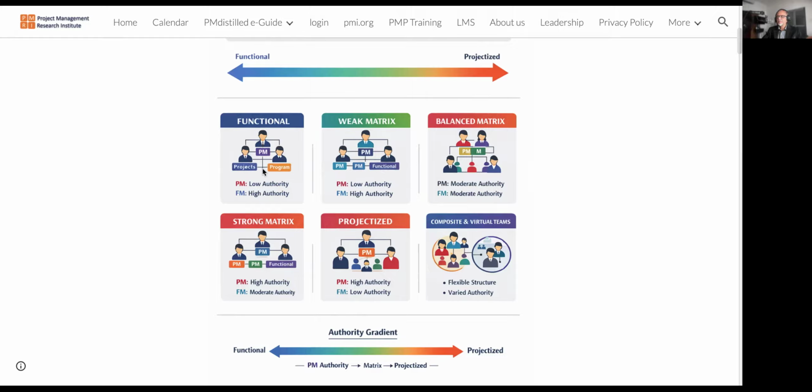So if you are working as a project manager within a functional organization, the functional manager has more authority than the project manager. Then we have matrix organizations. Whenever we see a dotted line reporting, or whenever the team members report to more than one manager, that is an indication that it is a matrix organization.